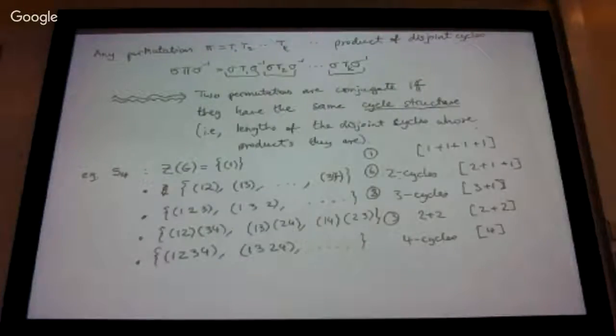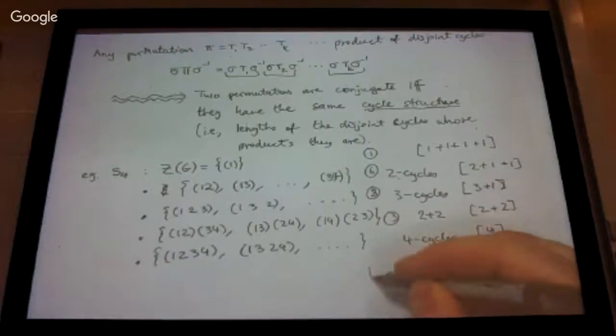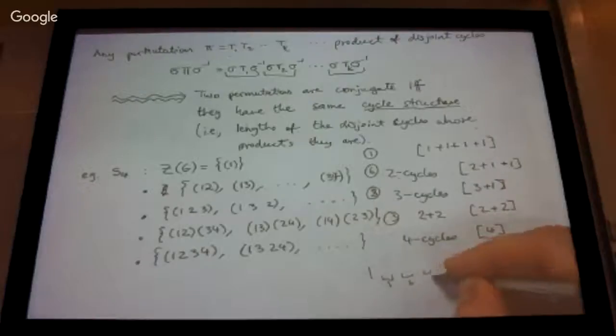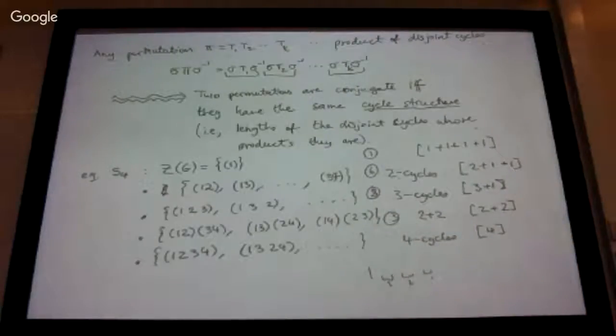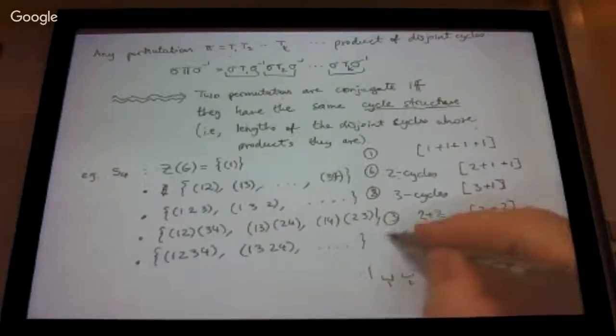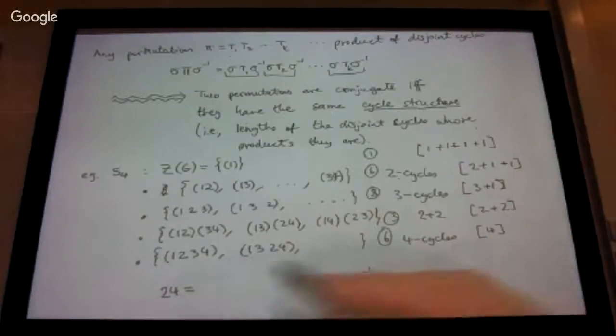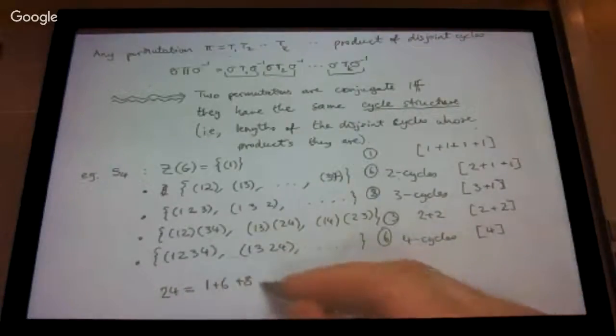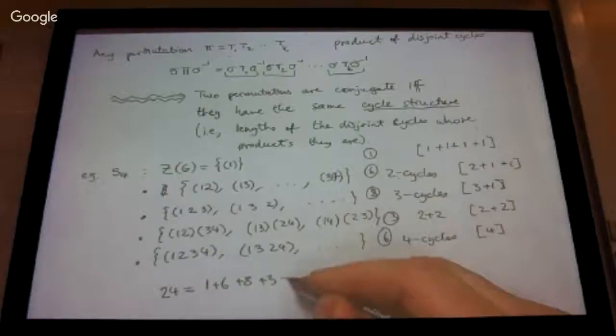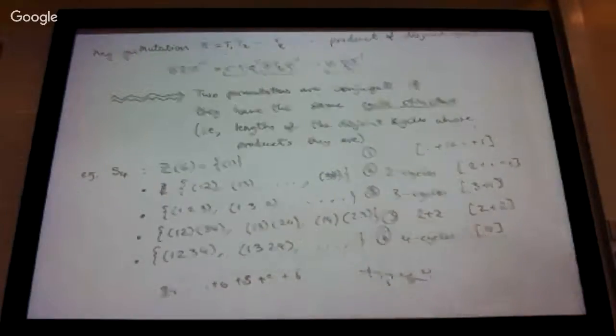Like you'd always start with 1, and then you have 3 different options, and then you have 2 different options. 6. So 24 is 1 plus 6 plus 8 plus 3 plus 6, maybe.